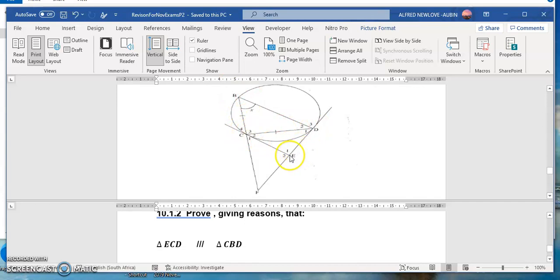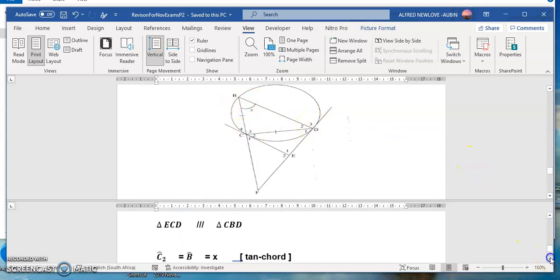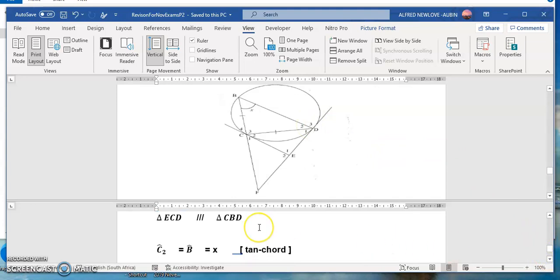When you are given this question, try to highlight this side with a different color and highlight this one also, so that it helps you to prove easily. Normally when you are proving, you must ensure that this angle E is equal to C, this C is equal to B, and this D is equal to D.